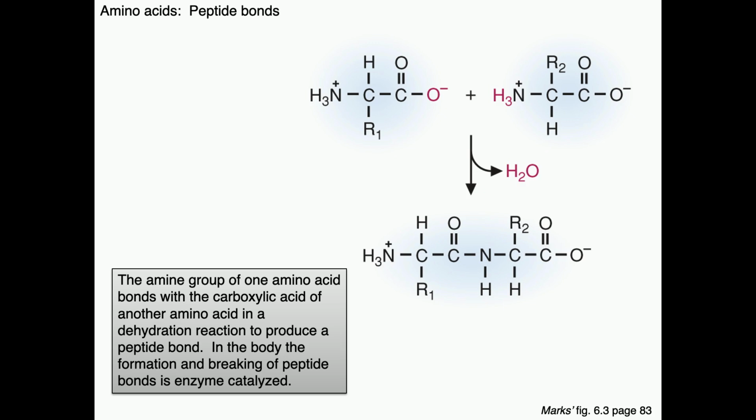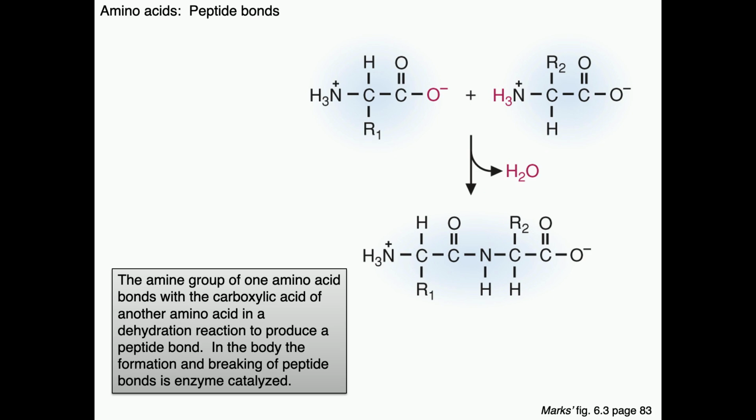That's coming up. The process of translation on ribosomes will join one amino acid to another, joining the amine group of an amino acid to the carboxylic acid of another amino acid in a dehydration reaction, and that makes a peptide bond, which is just the type of amide bond that happens between amino acids.